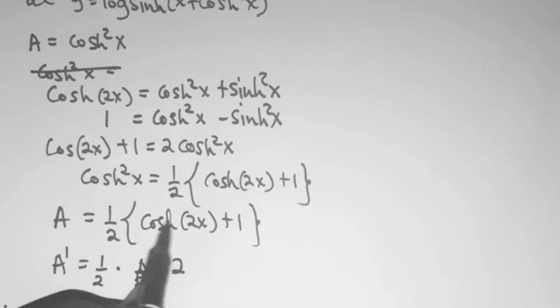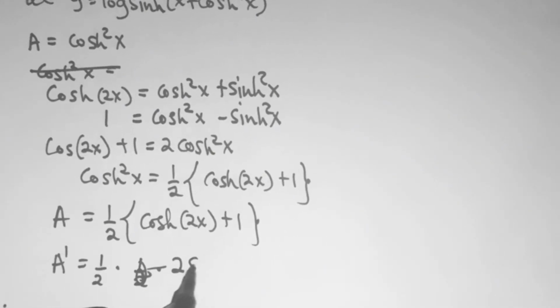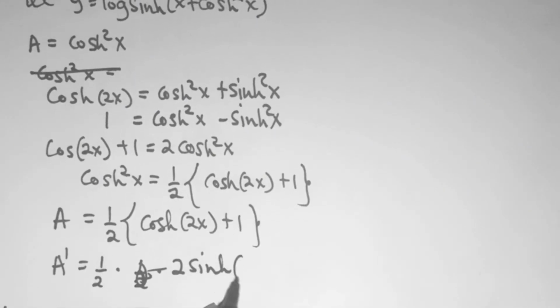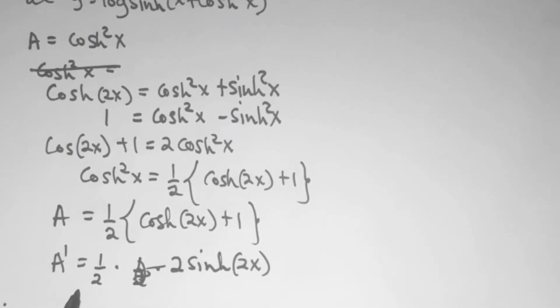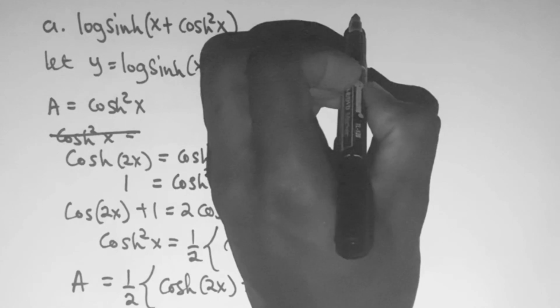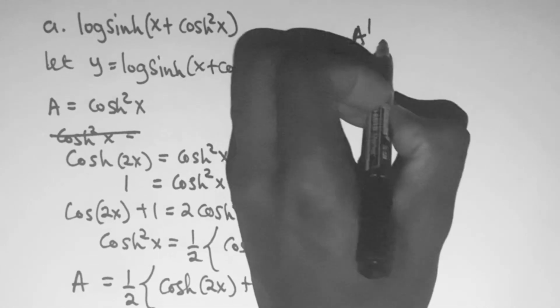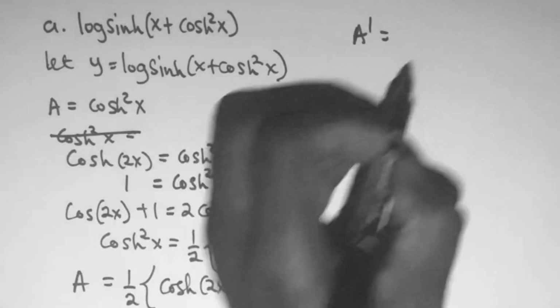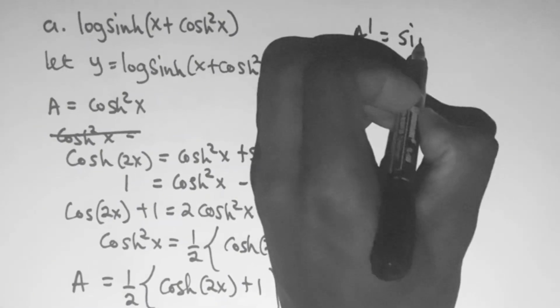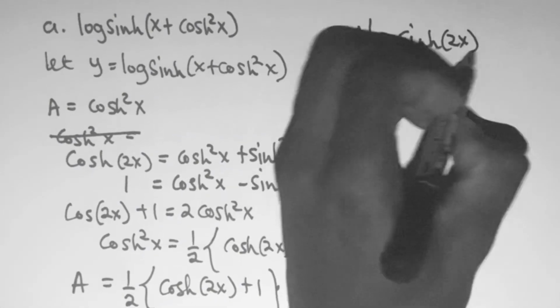Then if you differentiate cos, you get minus sin. So it's sine of 2x. And therefore, A prime is equal to, this 2 and this 2 will cancel out. So sine of 2x.